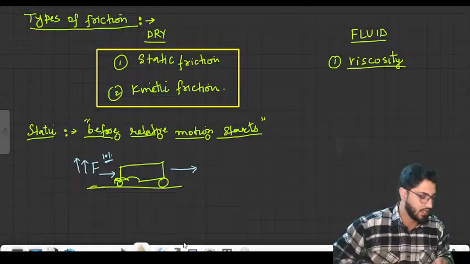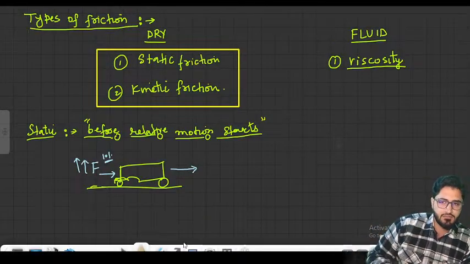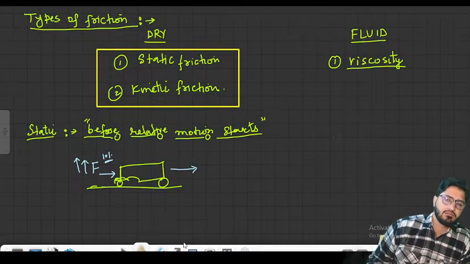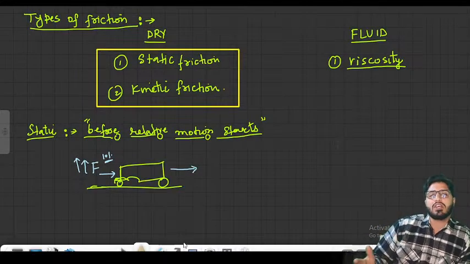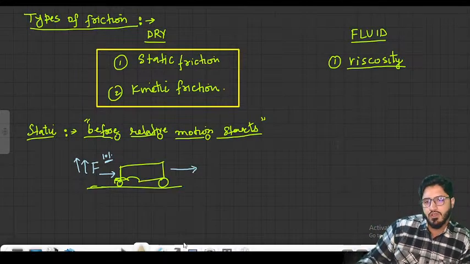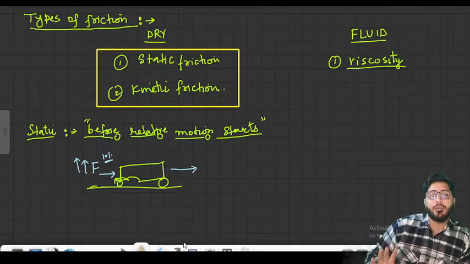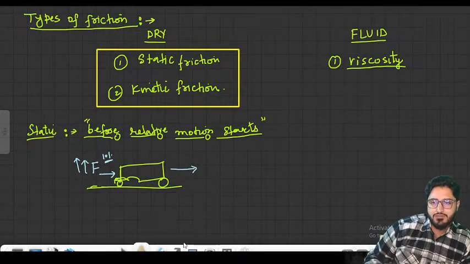That means if a car broke down, or a box is lying on the table, and you are pushing it, initially what you observe is that the box or the car is not moving. You are applying some force, but nothing happens. Why? Because there is also an opposition from its end.